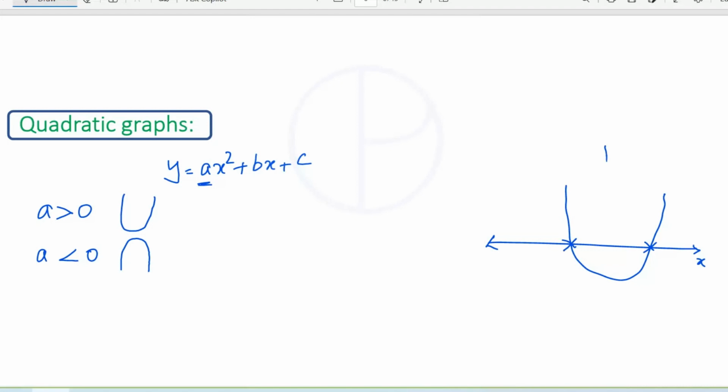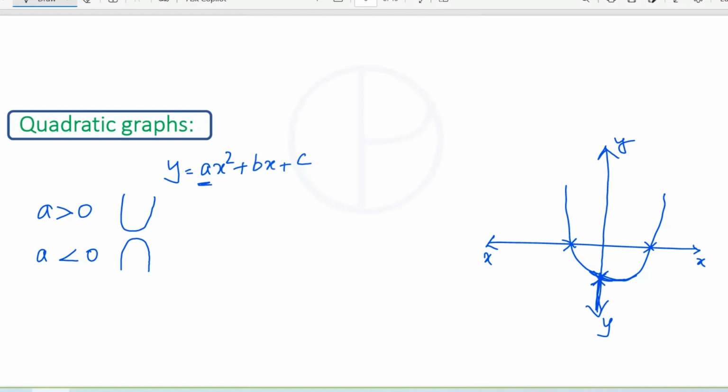Suppose this is the y-axis, then the point where the curve intercepts the y-axis is known as the y-intercept.